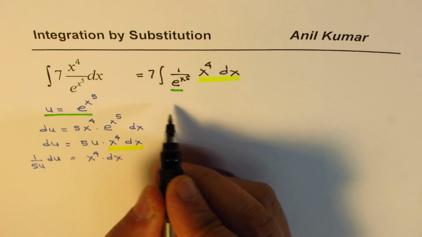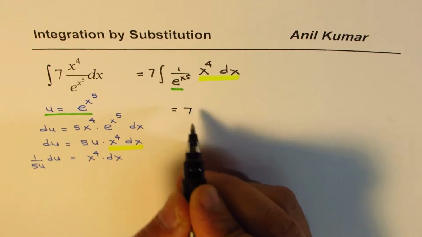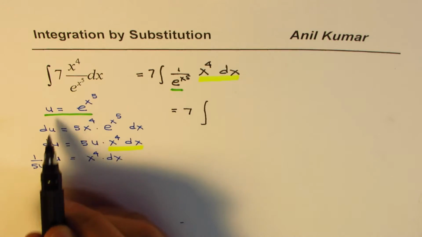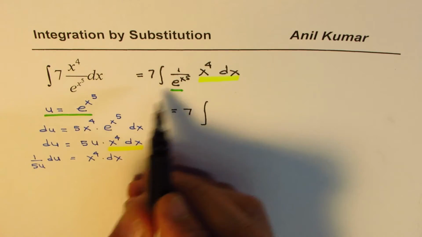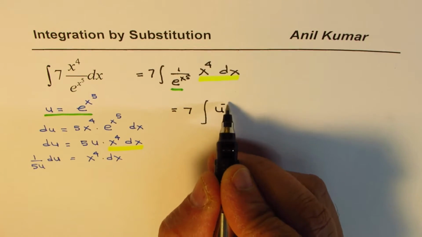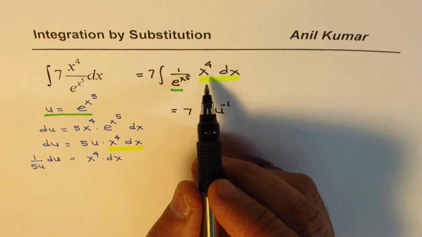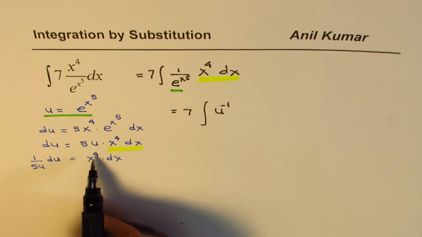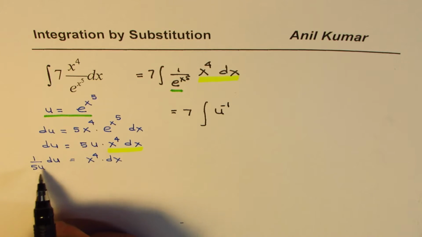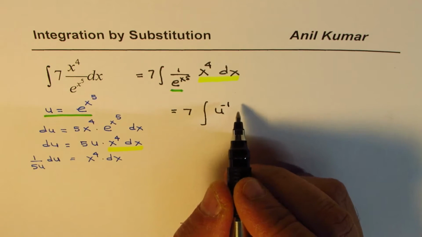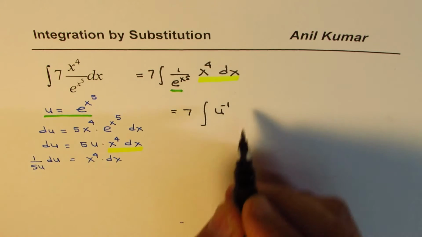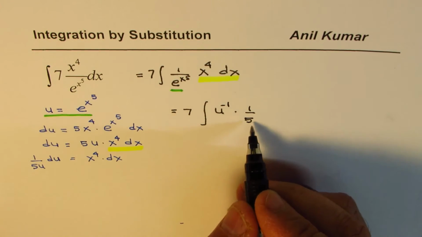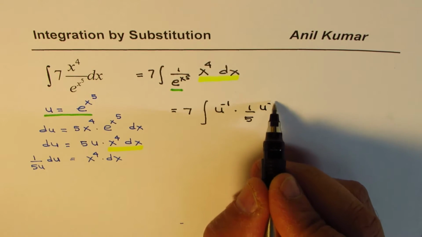So we'll write this again as equal to 7 times the integral of 1 over e to the power of x to the power of 5, we know this, so 1 over this will be u to the power of minus 1. Is that okay? And then we have x to the power of 4 dx. x to the power of 4 dx is 1 over 5, so we are substituting this part, which is 1 over 5u, so again we could write this as u to the power of minus 1.